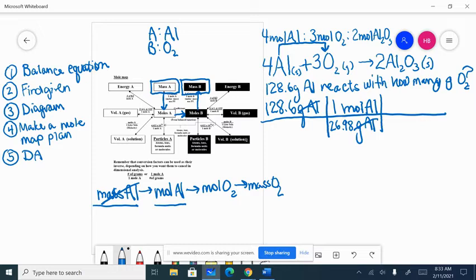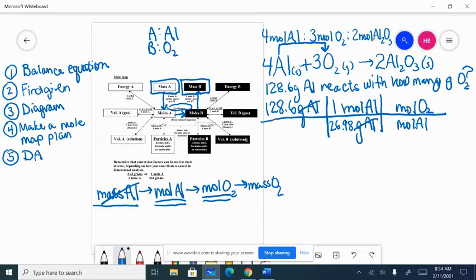I'm now going to change moles of aluminum to moles of oxygen. This is where it becomes very important that we're using units and labels, because if I just said moles to moles, I wouldn't know which numbers go where. But if I say moles of aluminum to moles of oxygen, I will know which number goes where, because it tells me to use the coefficients from the balanced chemical equation.